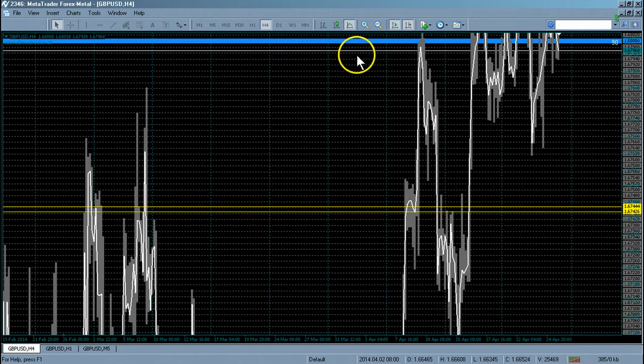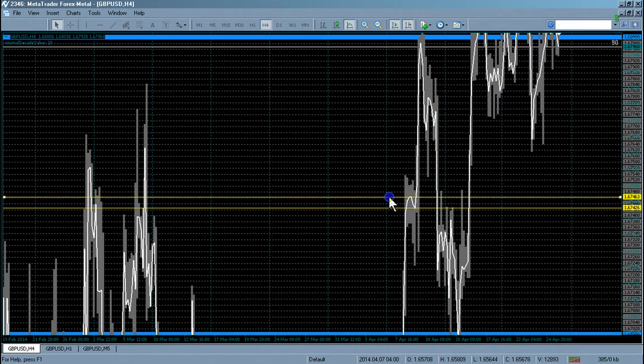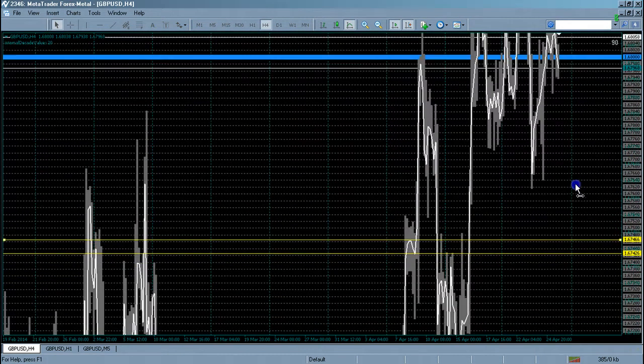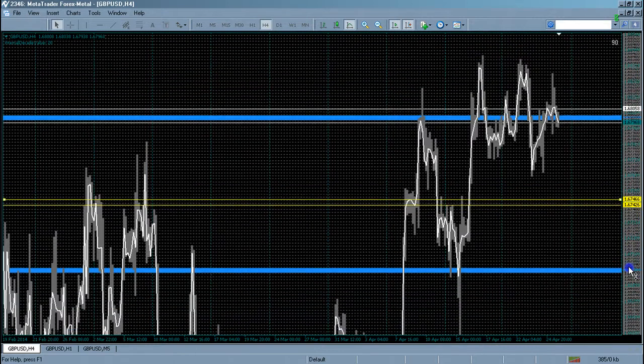Now, if you get a doji inside of a 2 pip window, I don't have my candles set for that, but imagine this is a doji here. I don't think it's too hard to get your brain around this. This is a doji, people. The real body of that doji is about 3 pips. And that's a 4-hour British pound.